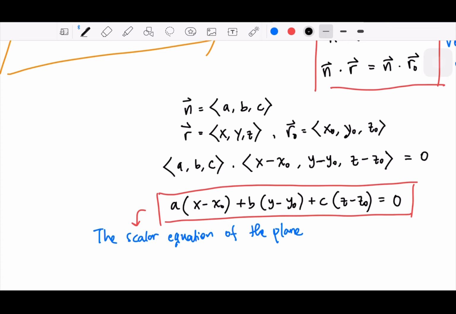Okay, I hope you can observe how we can get these equations. This equation comes from the dot product of the line segment or the line vector with the orthogonal vector or the normal vector.